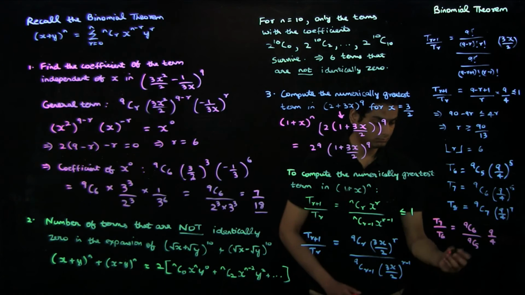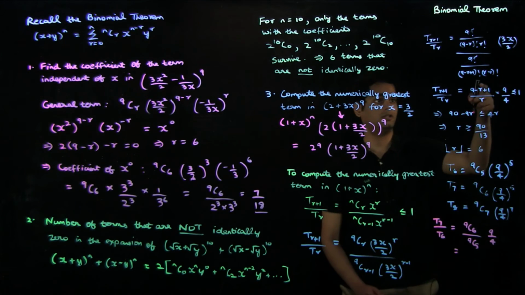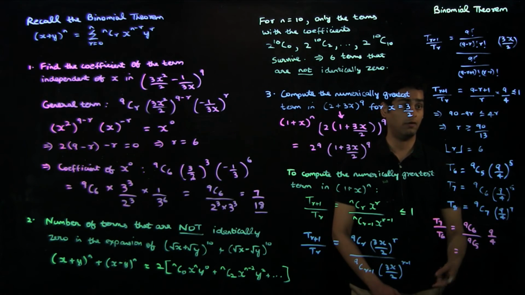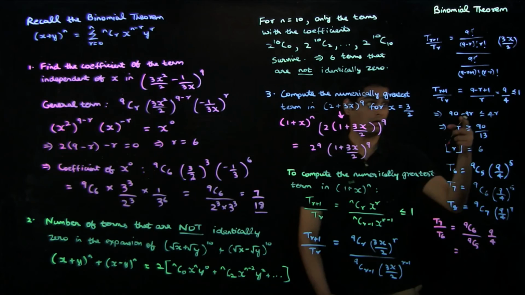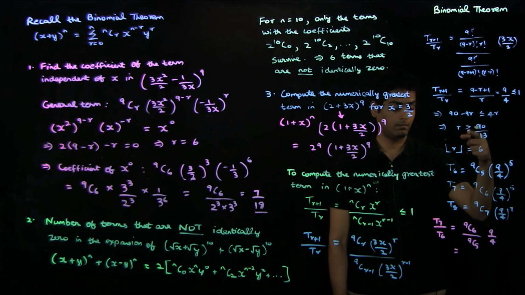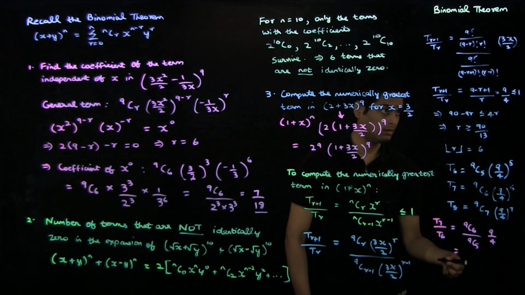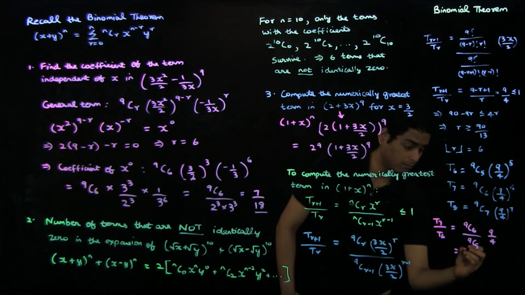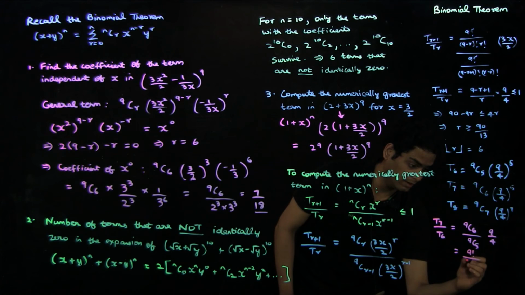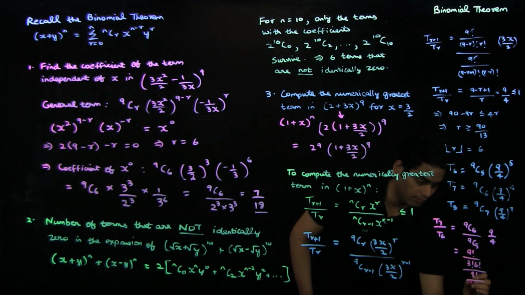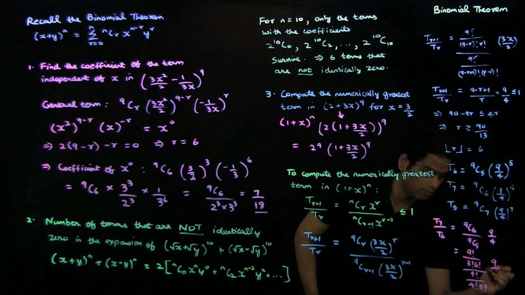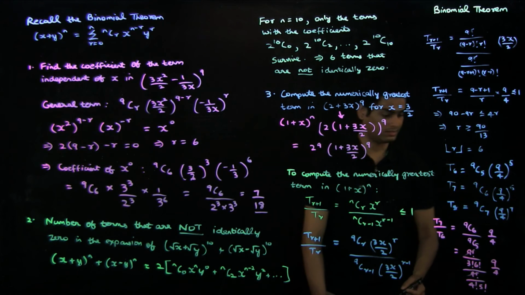and this gives you, if you use this result which we had above, just plug this in here, and you would get 9 factorial divided by 3 factorial times 6 factorial, divided by 9 factorial divided by 4 factorial times 5 factorial, into 9 by 4, and you can cancel things out.